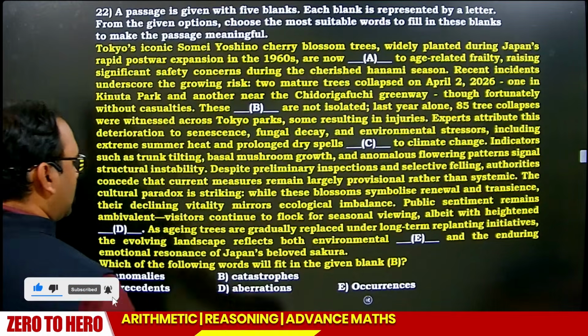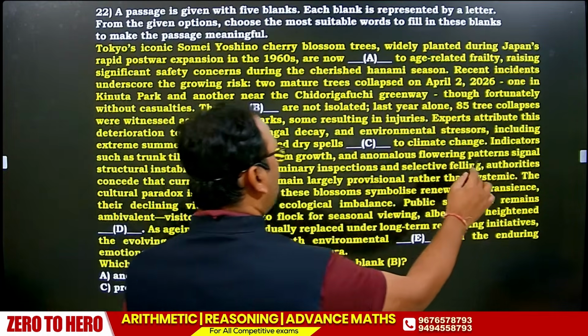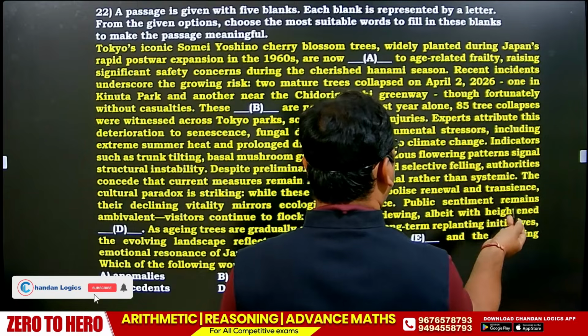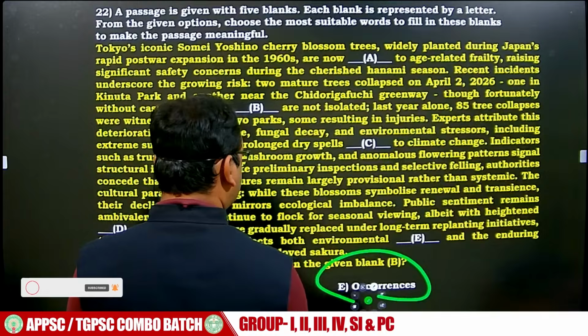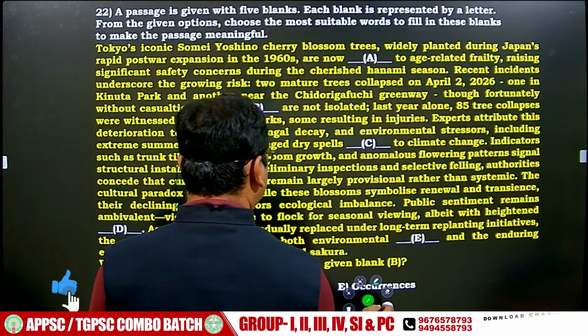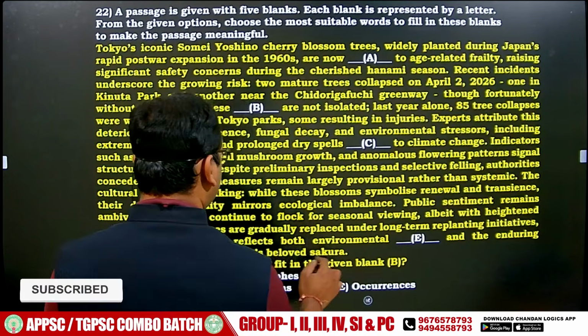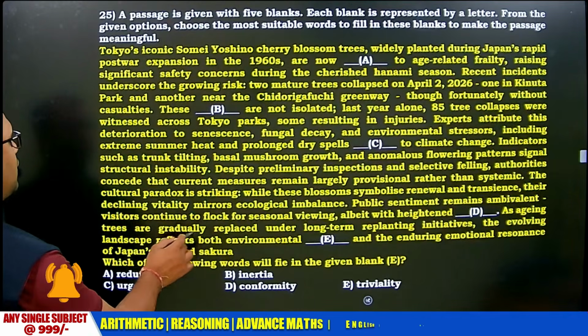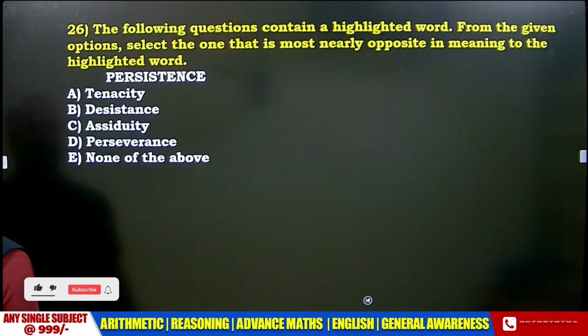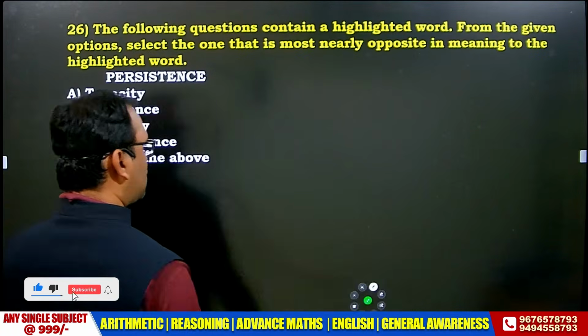And also here you're talking about incidents. Some trees collapsed, so many incidents happened, so naturally occurrences is easy. So like that, guys, anything is easy if you focus properly. Maybe the 25th question is slightly difficult because you have to read the sentence there. Wow, nice question, easy question.